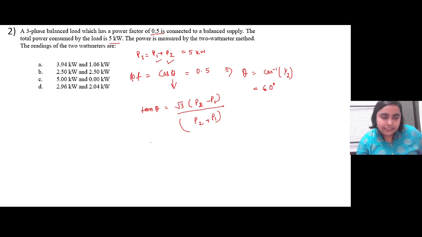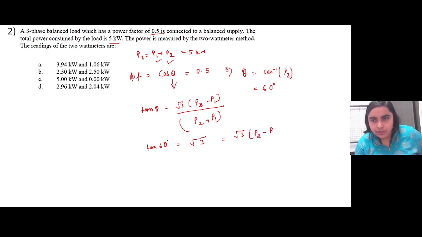Now tan 60 is root 3, right? We have this equal to root 3 times (P2 minus P1) by (P2 plus P1). So the root 3 can get cancelled.